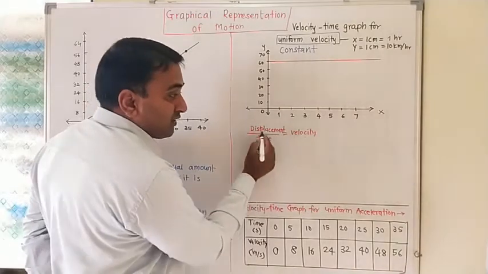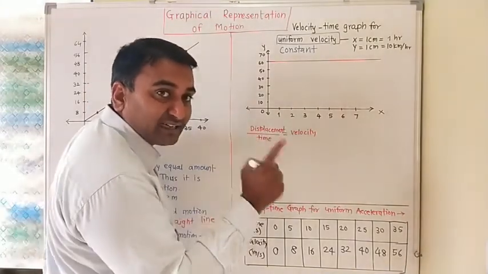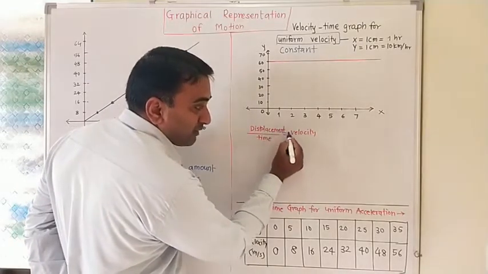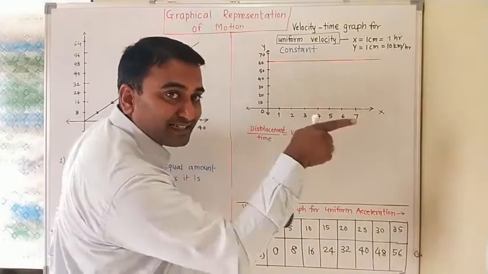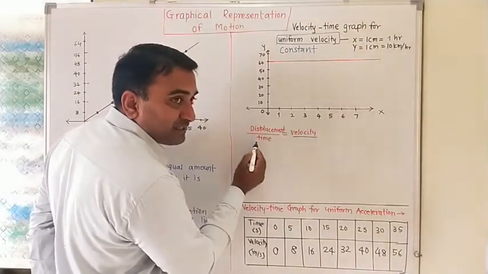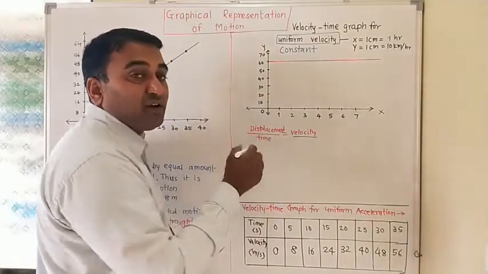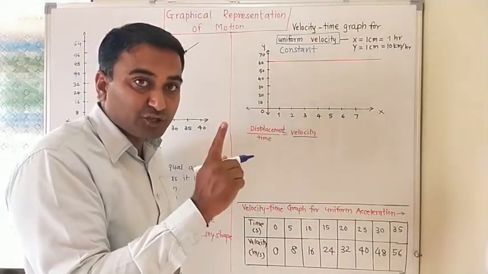That means distance divided by time is a straight line. That means distance divided by time is velocity. Distance and displacement are the same for straight motion. So instead of distance divided by time, we are considering displacement divided by time, because the object is moving in the same direction, that is linear motion.